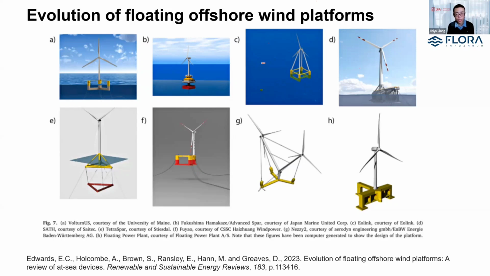But it also uses certain steel wires to connect the platform, the yellow part, with the keel. Okay, so these wires may introduce additional degrees of freedom of motion to the system, which is sometimes tricky. Yeah, so I'm not going to review all of these platforms, but I think this paper is worth reading if you are very much into the evolution of foundation technologies.